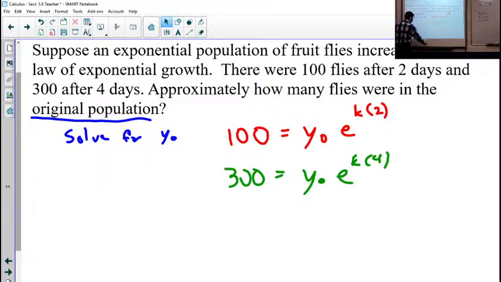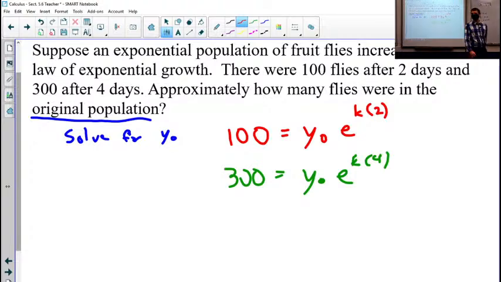I forgot. We're going to do substitution, which is we're going to get y naught by itself in that red equation and then plug it into the blue equation, or the green equation.